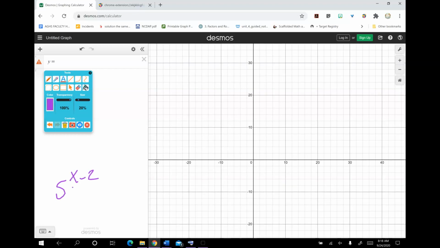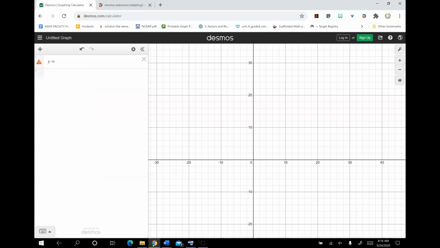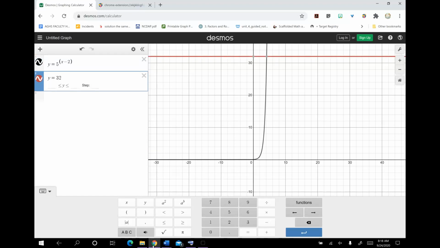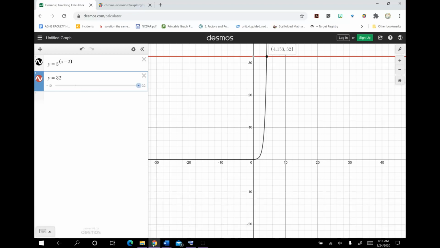Anytime you have more than one thing in the exponent, in Desmos you need to put parentheses around it. So I'm going to say 5, raise it, parentheses, x minus 2. And then line 2 is going to be y equals 32. I need to find where they intersect, which is right there. So my answer is 4.153.